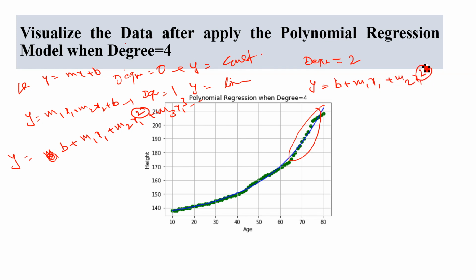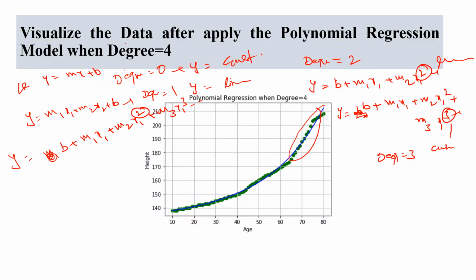So this is degree 2, and this equation is nothing but the quadratic equation. And y is equal to b plus m1 x1 plus m2 x1 square plus m3 x1 cube. This 3 is nothing but the cubic, degree 3.